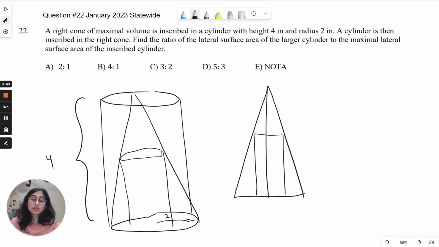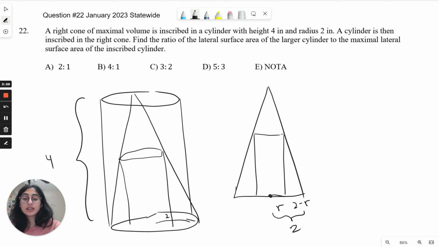So those two are similar triangles, needless to say. Let's call the radius of this cylinder r, and since this entire thing is 2, that makes this section 2 minus r.